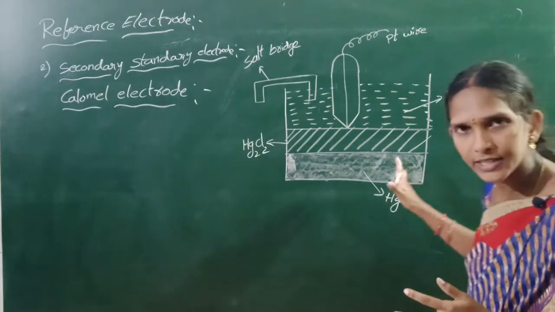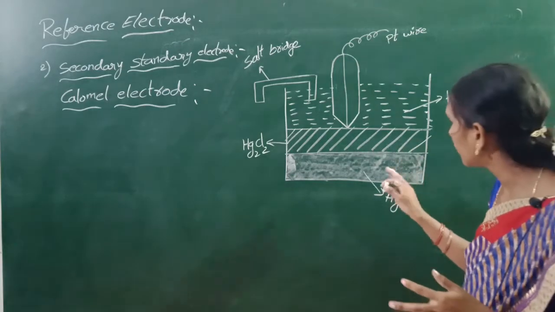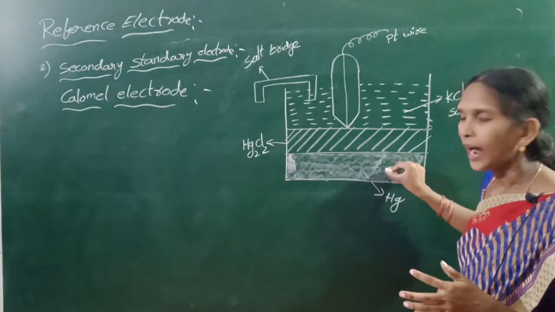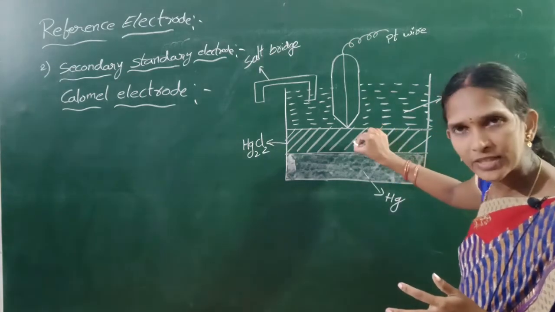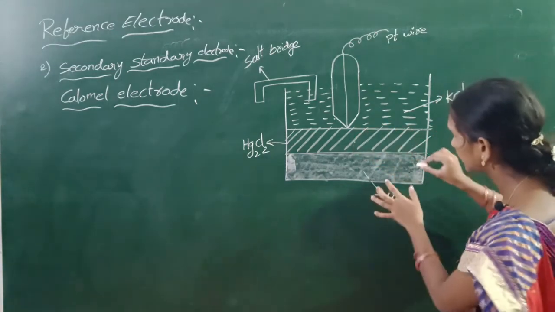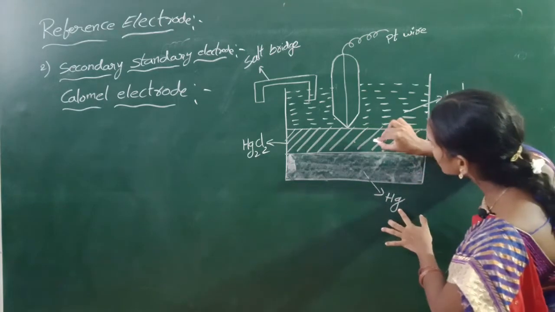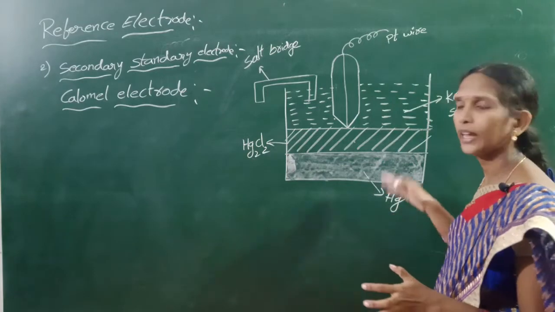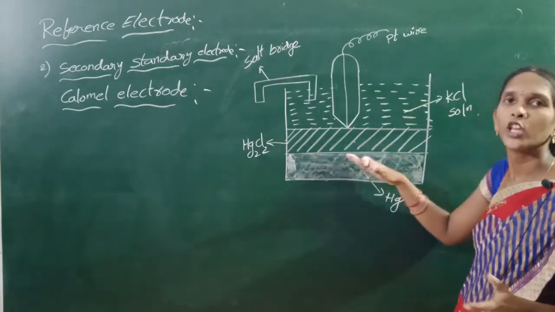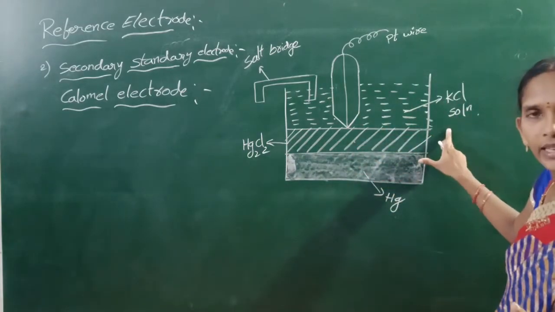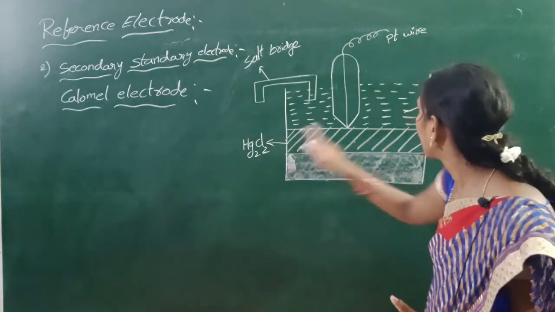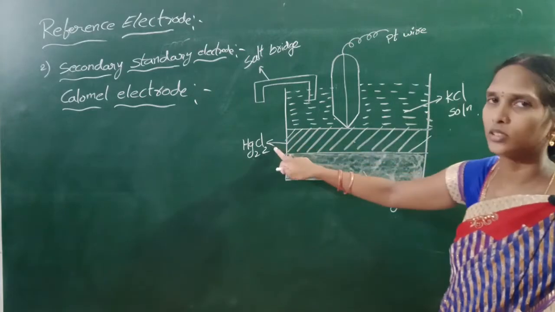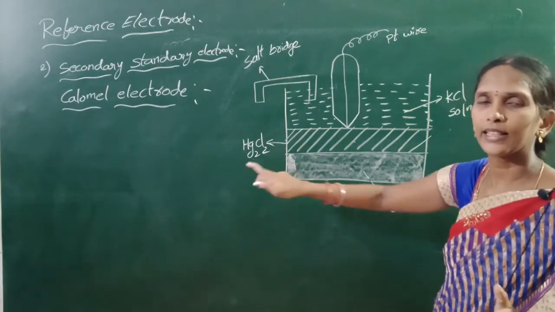It consists of metal, that is mercury, and a salt of the same metal. It is dipped in a solution having the same anions as the metal salt.